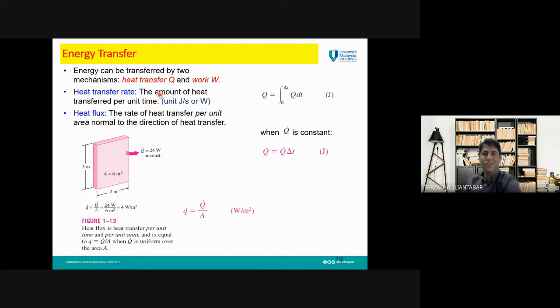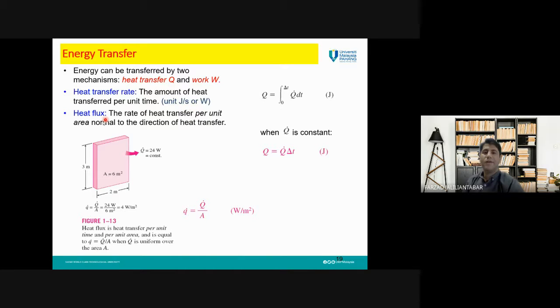For example, how long you need to cool down an egg or a cup of tea before you can drink it. The time is important here. So the amount of heat transfer per unit time is called heat transfer rate. The unit is joule per second or watt.